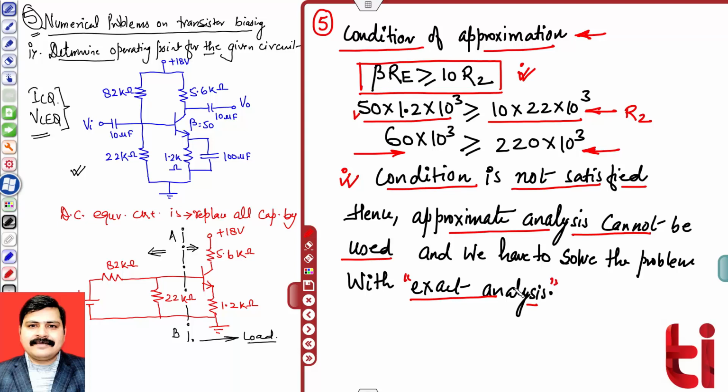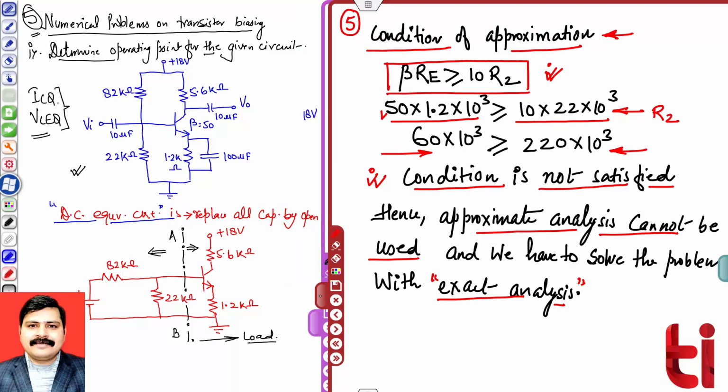So for exact analysis, the very first step is to find its Thevenin equivalent network. In order to find the Thevenin equivalent network, we first require the DC equivalent circuit of my given problem. And in the earlier module, we have discussed how to find a DC equivalent circuit.